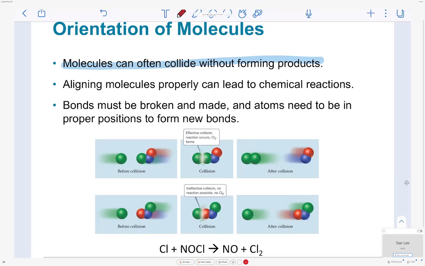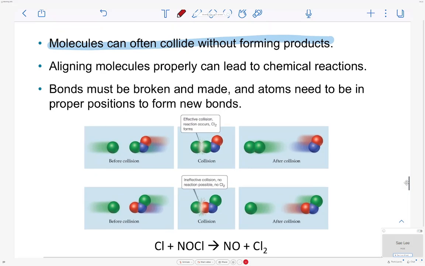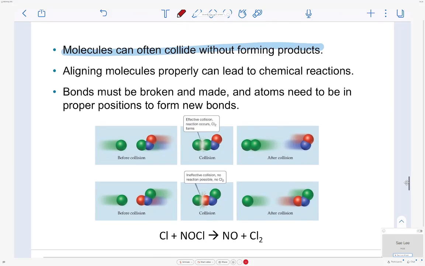So if you look at the example over here, this is a formation of, this is chlorine, this is chlorine. If you have two molecules, if you have chlorine properly aligned with the chlorine of this NOCl, then only then there will be a proper collision, and this collision allows a new bond to form.